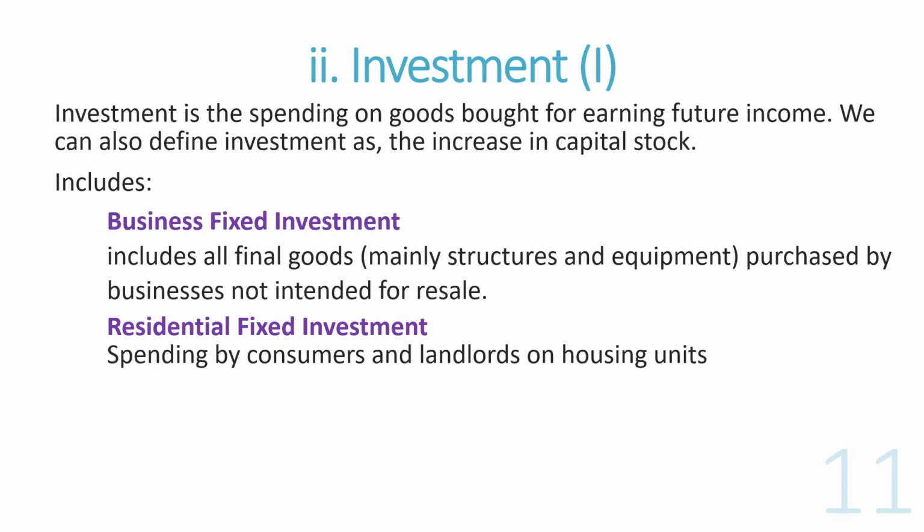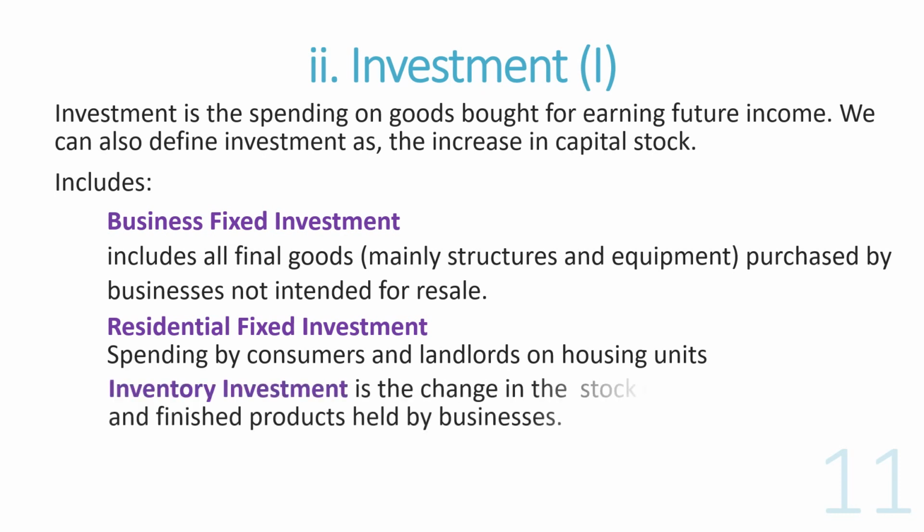Residential fixed investment, which is the spending by consumers and landlords on housing units, and inventory investment, which is the change in the stock of raw material, parts, or finished products held by businesses.